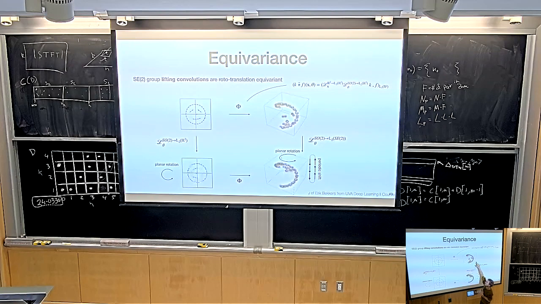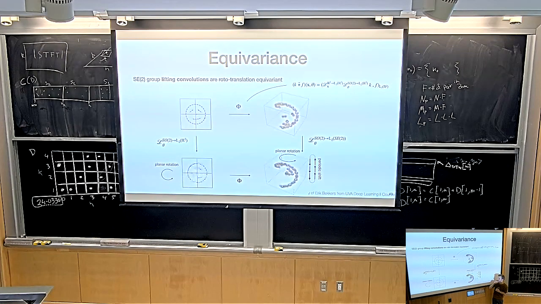So this is x, y, and rotation. And now if you take the input image and you rotate it first, and then you apply the same lifting convolution that we just discussed, then you will see that the output will be rotated as well.